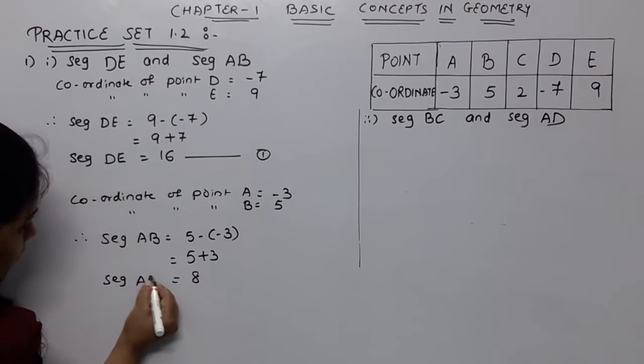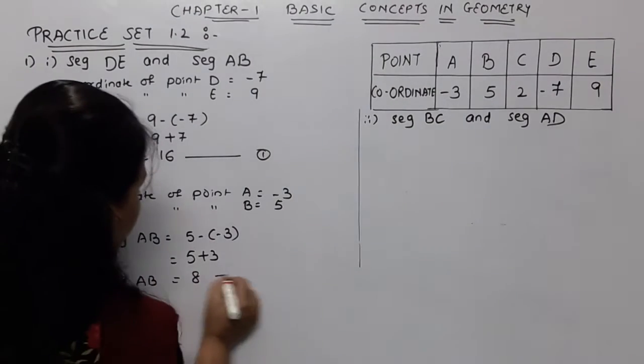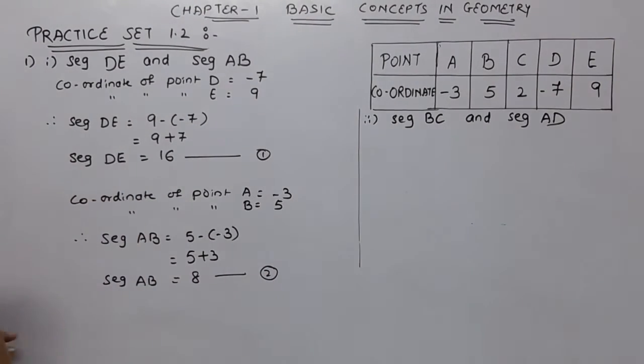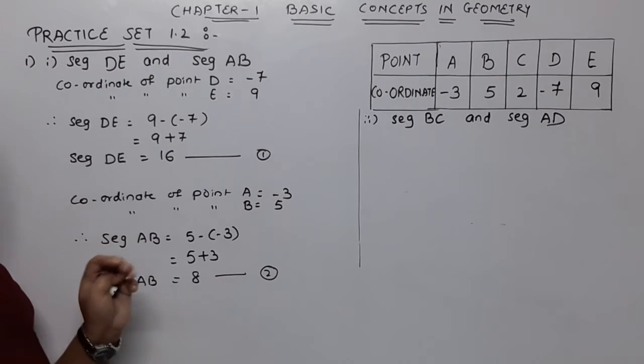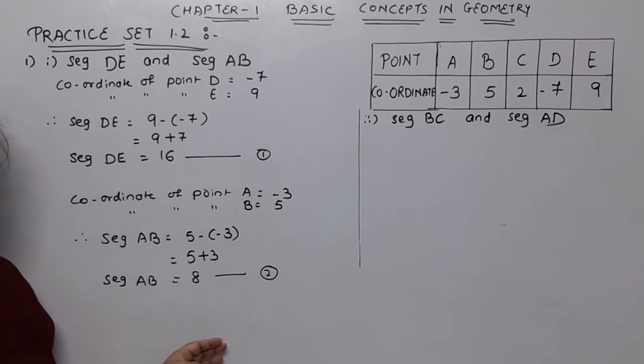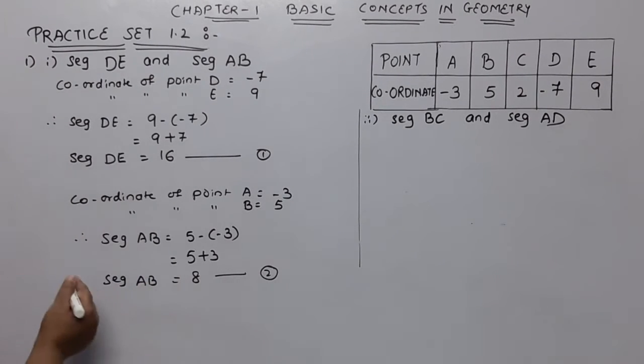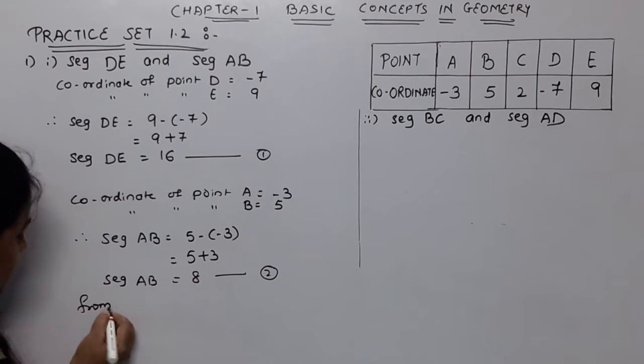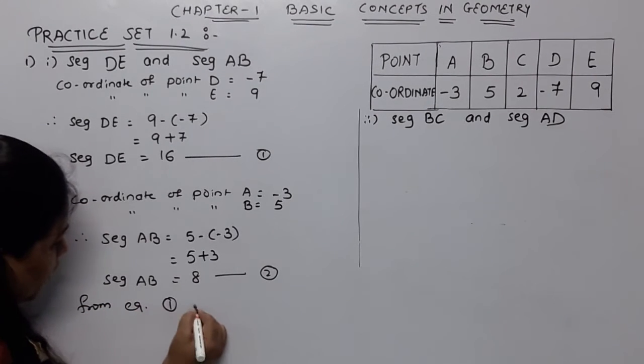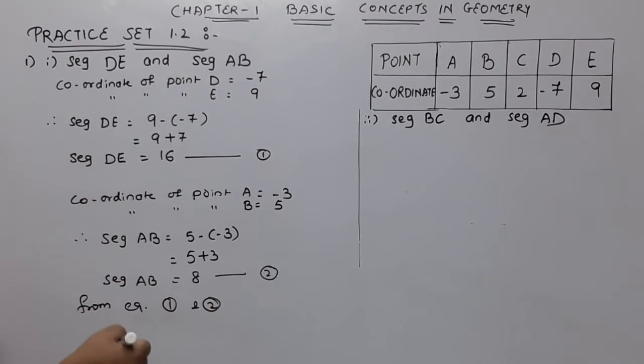What can you say after solving these two equations? First one is 16 and second one is 8. It means they are not congruent, they are not equal. So we'll write from equation 1 and 2, seg DE is not congruent to seg AB.